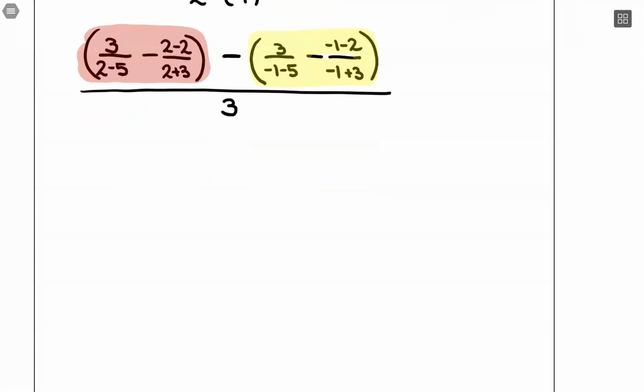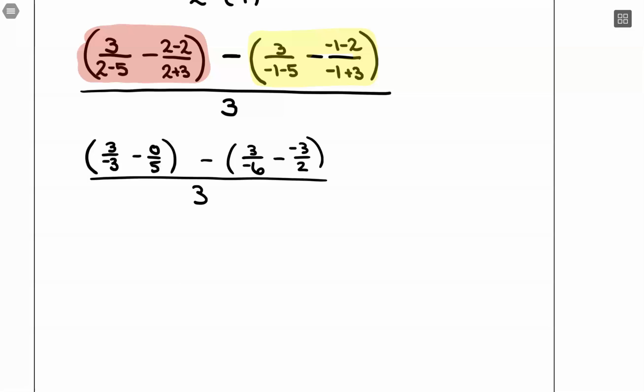And now we just start simplifying. So in those first parentheses, I have a 3 over -3 minus 0 over 5. I'll simplify those further. 3 over -6 minus a -3 over 2, all over 3.